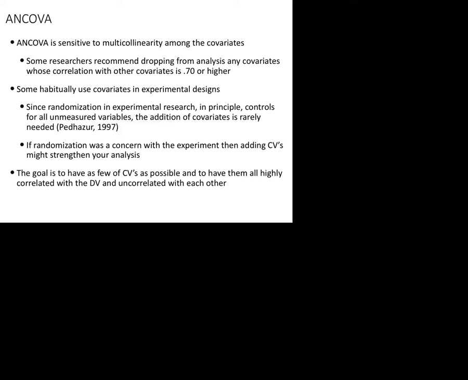Will they be exactly the same? Will they have exactly the same value before we manipulate the independent variable? No, because by chance you wouldn't expect them to be exactly the same. But would we expect them to be significantly different? Absolutely not. Unless somehow you had a streak of bad luck or you didn't do your random assignment very well.